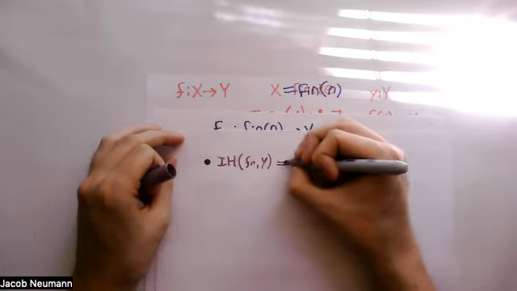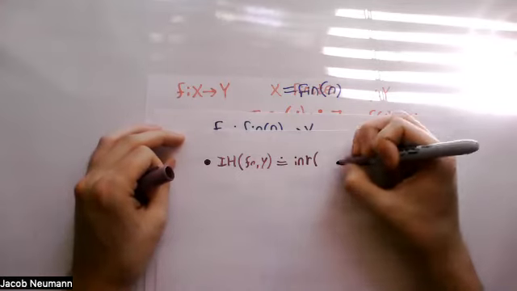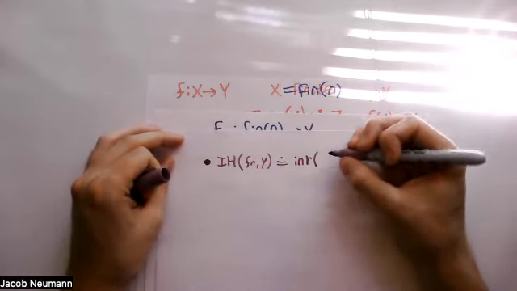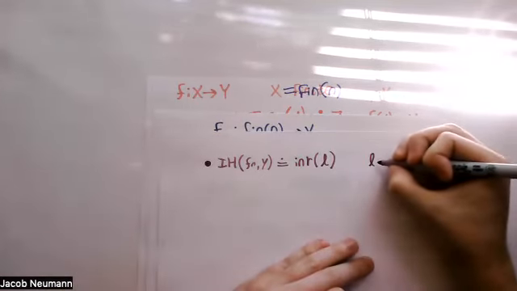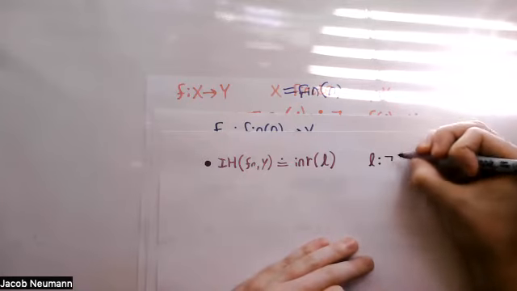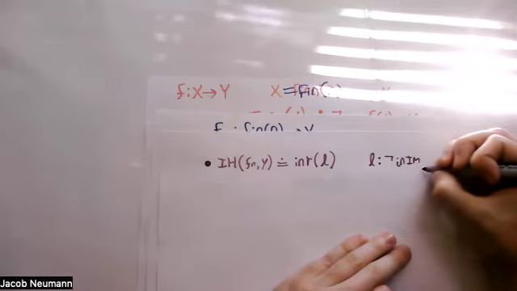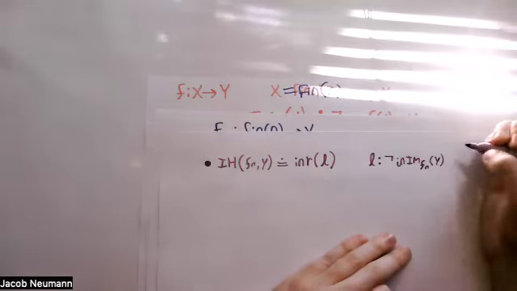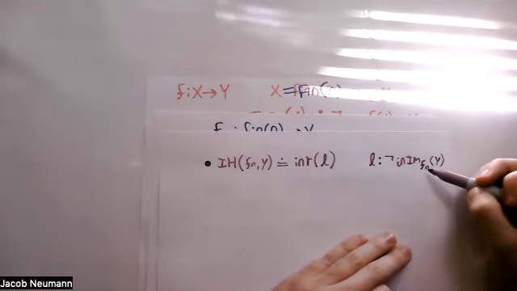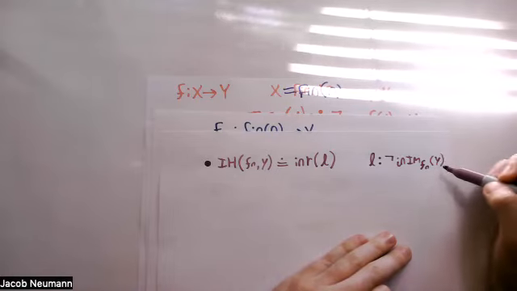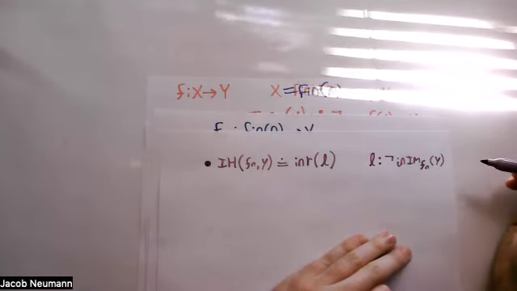I'll call it L. And L says y is not in the image of Fn. So this says that of all the things that are hit by Fn, y is not one of them. So we can prove that the fiber of y is empty.